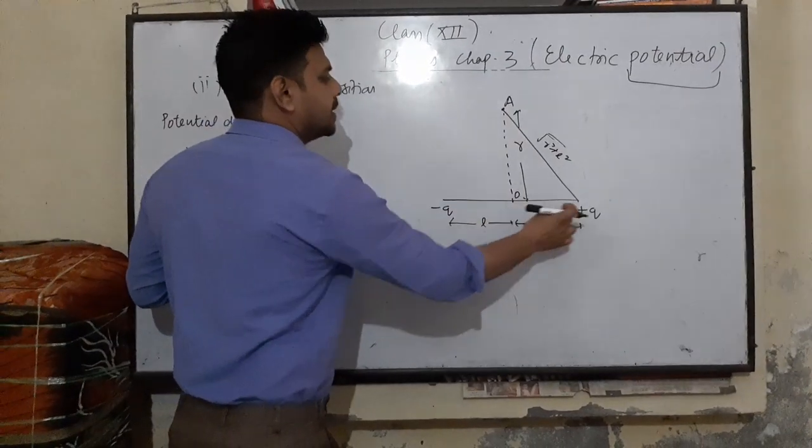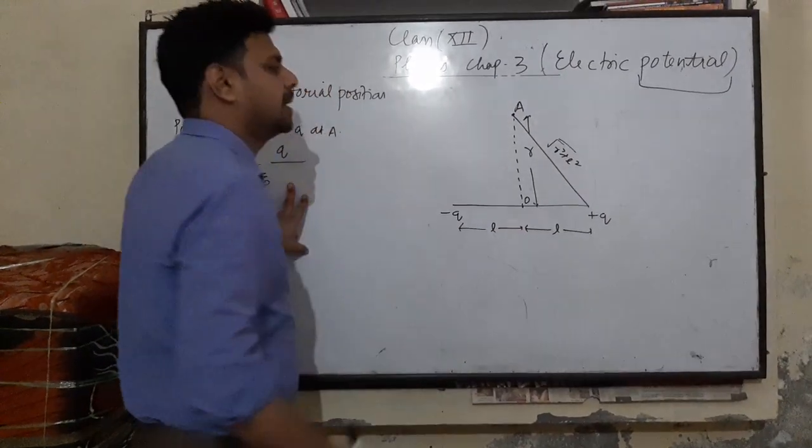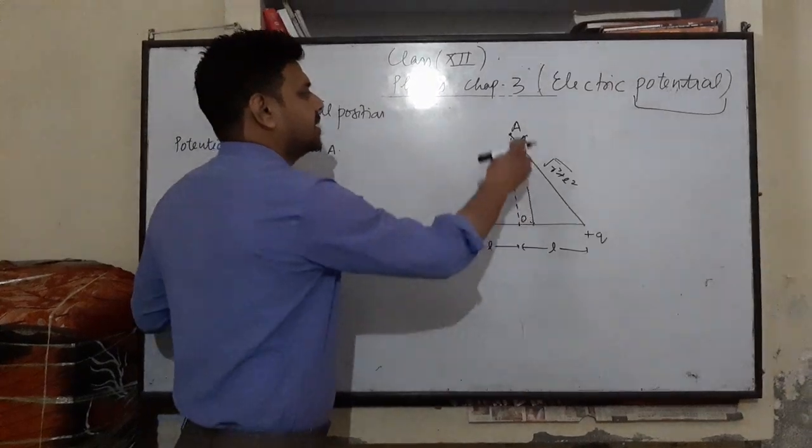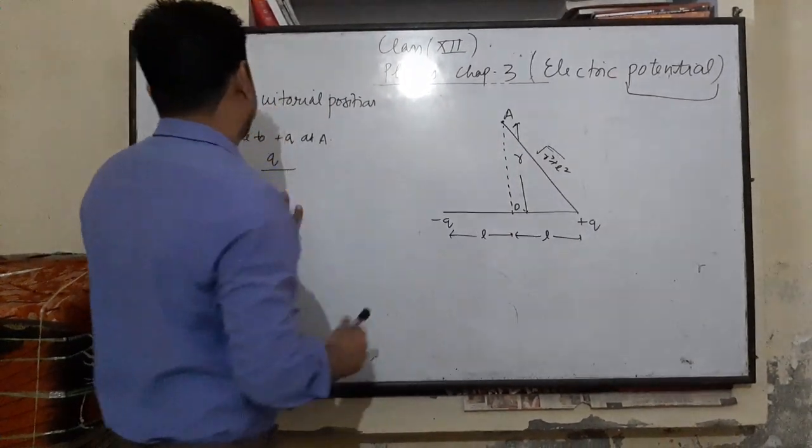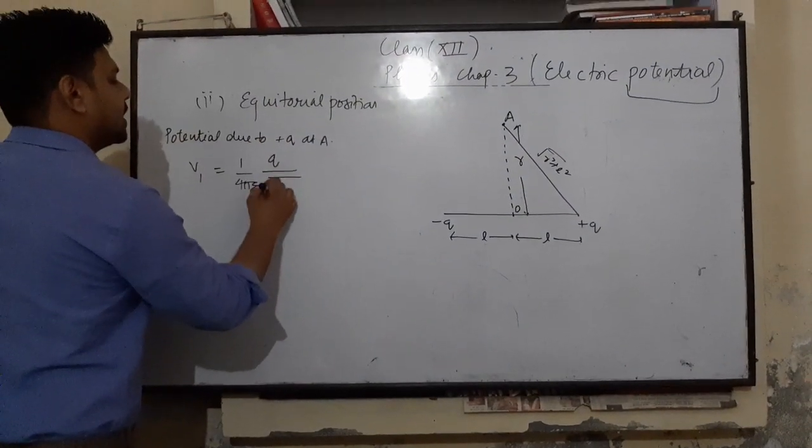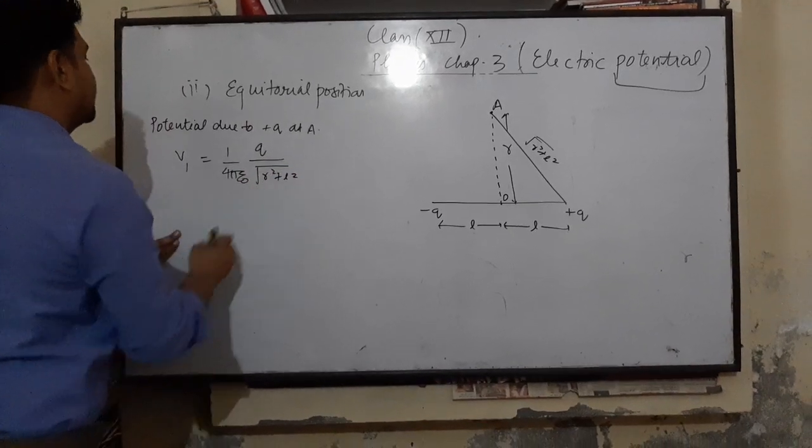This is a right angle triangle. By applying Pythagoras theorem, you can find the distance of this line. So this is under root r square plus l square.